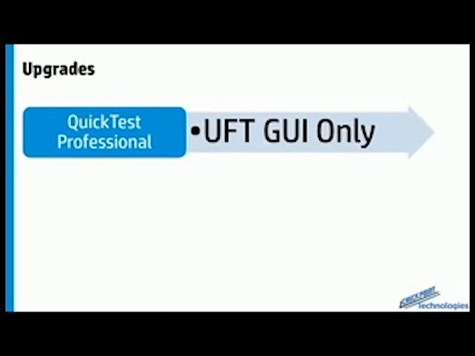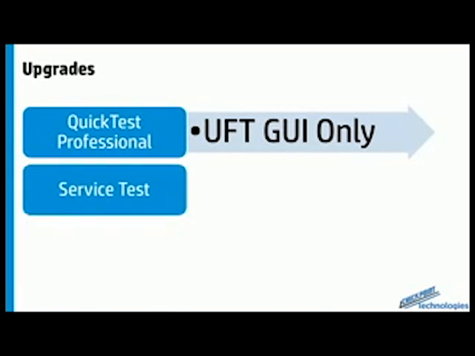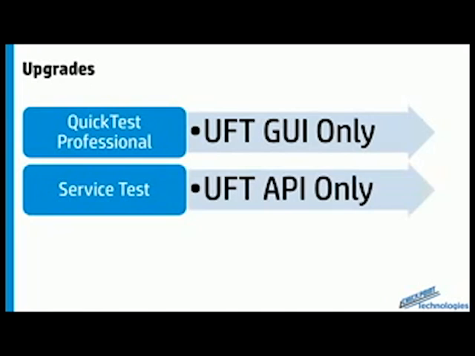So you can create GUI tests, but you will not be able to create the API tests. Likewise, if you bought service tests standalone, you can upgrade to the new 11.5 version, but you're only going to be able to create the API tests from unified functional testing. So you can still have your individual products, but you're only going to get the piece that you previously had.